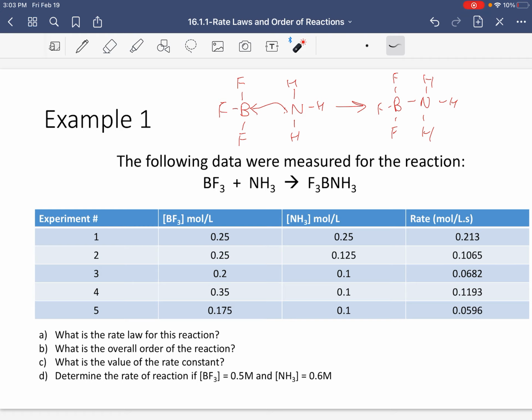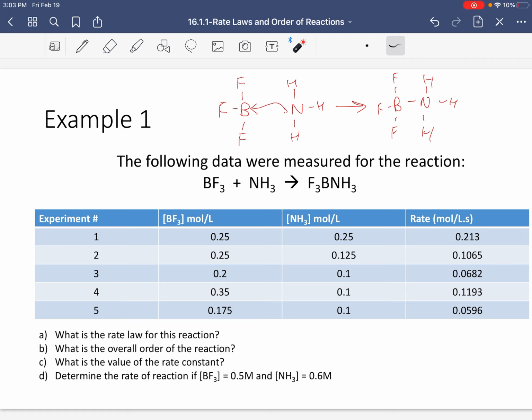It could be some other change to tell me, yes, the rate of this reaction at these concentrations is this many molarities per second. It's always going to be molarities per second, but that's not the important part. The important part is, how am I going to set this experiment? How do I set these experiments up?